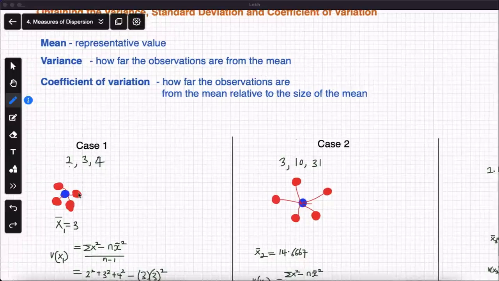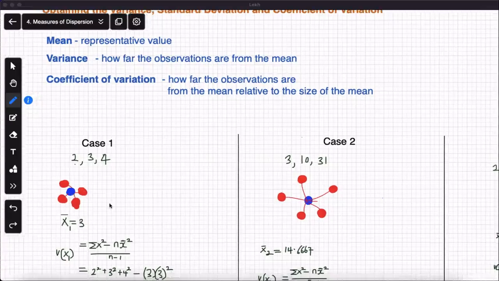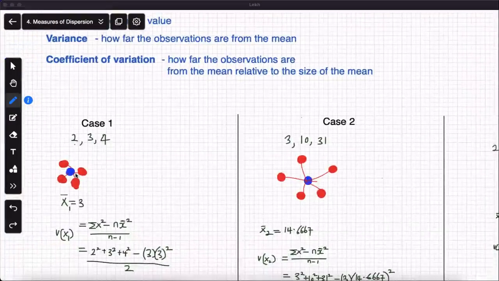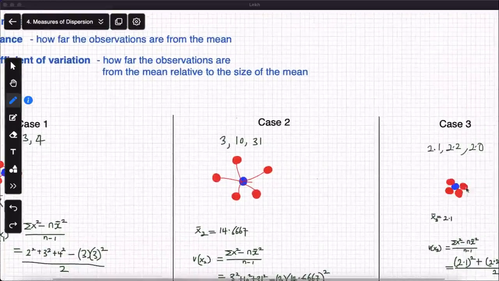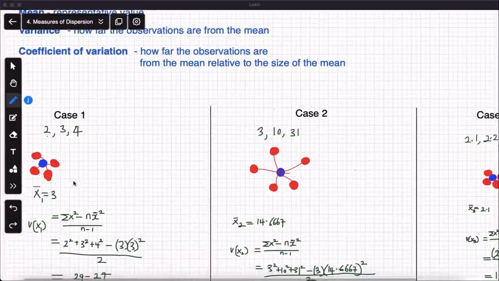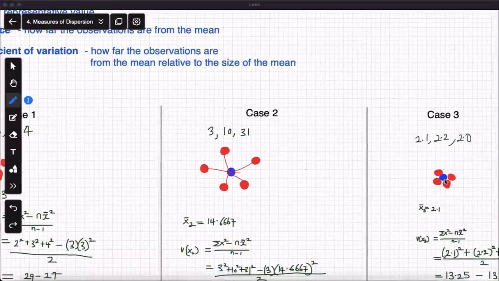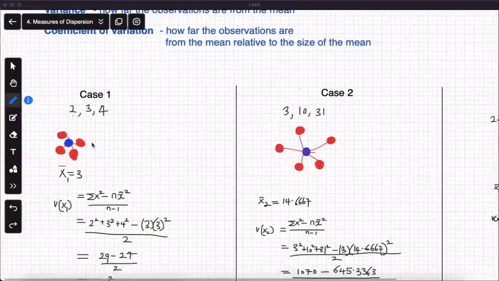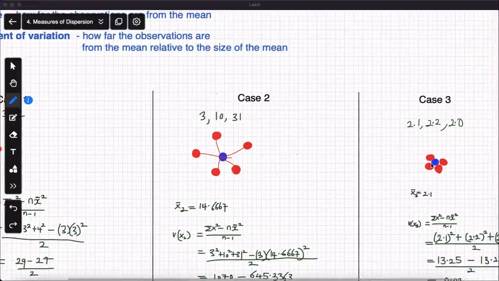Assume the red markers are all the observations, and the blue marker is the mean. The observations in case 1 are not as close as those in case 3, and the observations in case 2 are very far from the mean.